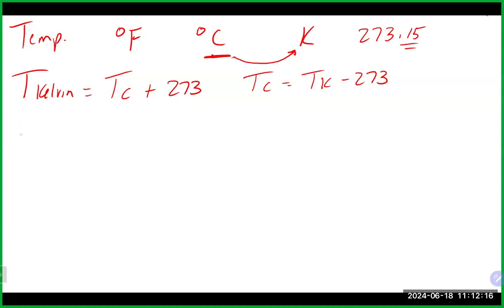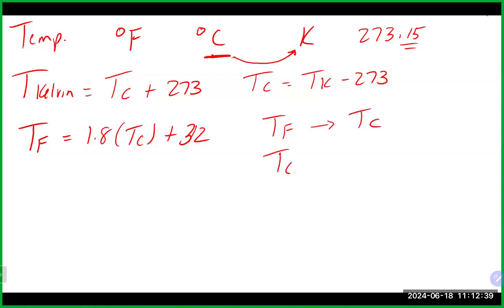If we did want the temperature in Fahrenheit, that equals 1.8 times the temperature in Celsius plus 32. And if you have the temperature in Fahrenheit and you want it in Celsius, the temperature in Celsius equals the temperature in Fahrenheit minus 32, divided by 1.8.